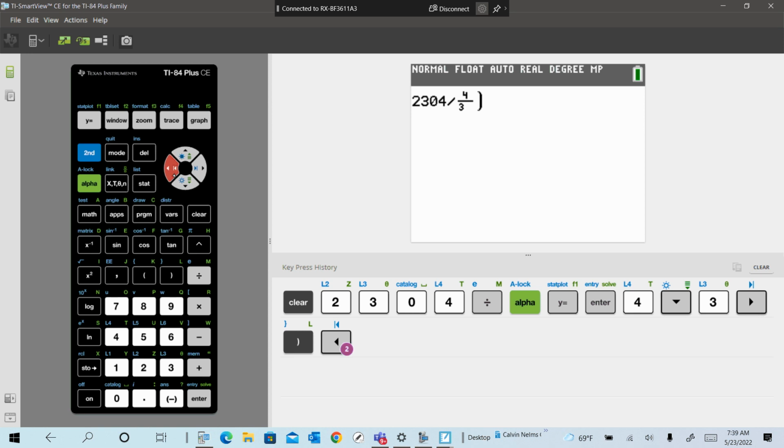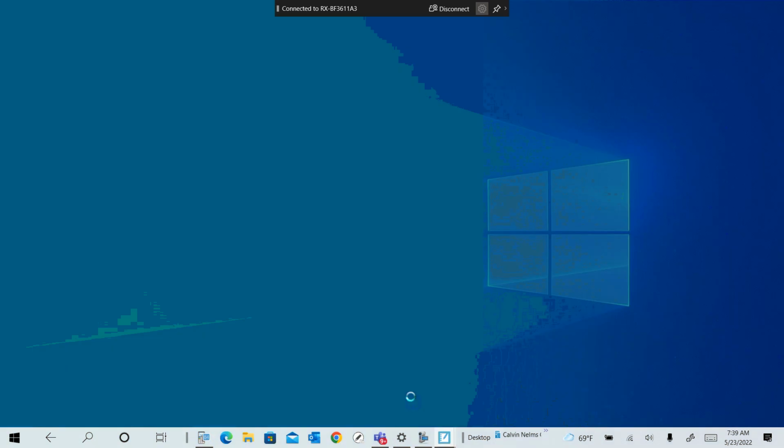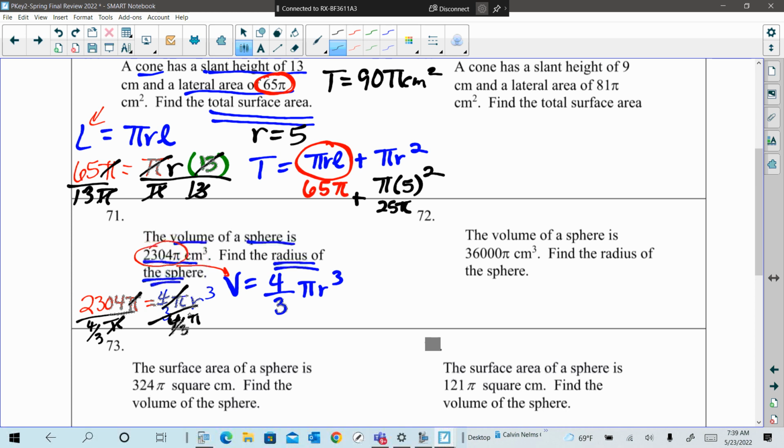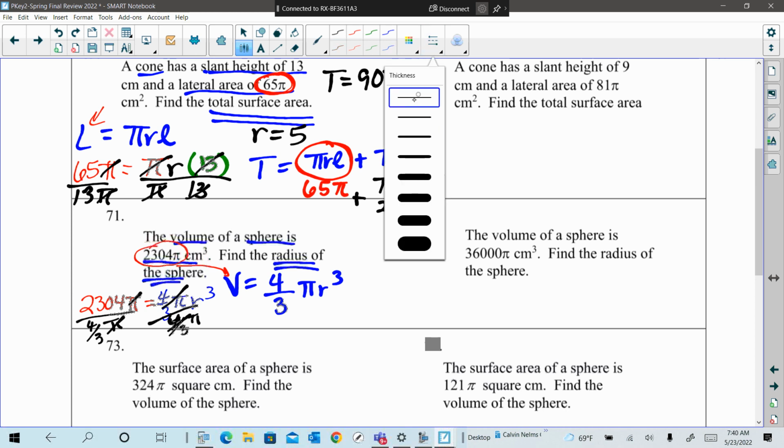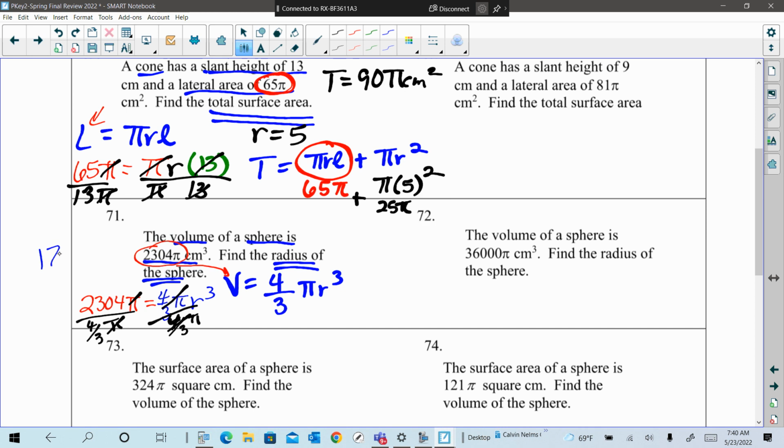All right, so we get 1728, but that's just r cubed, guys. So I cancel these out and I get my radius cubed.